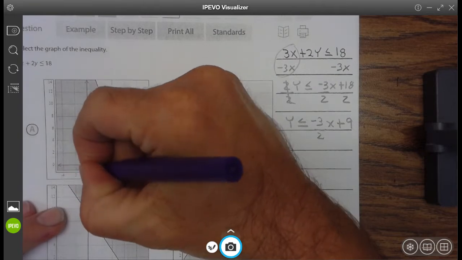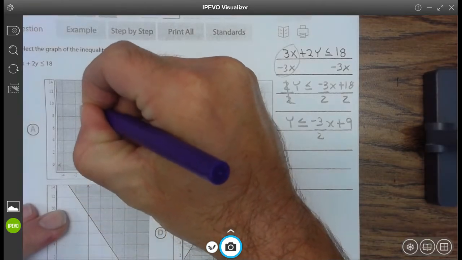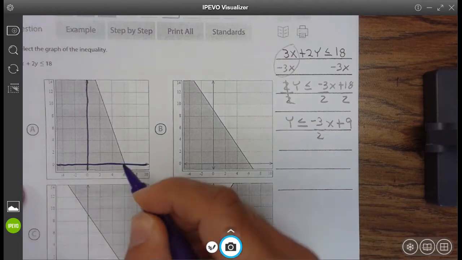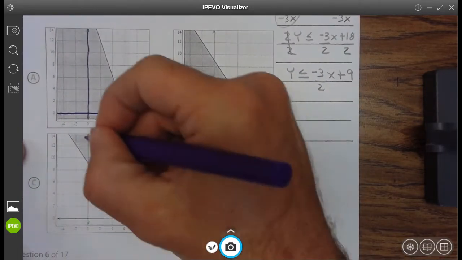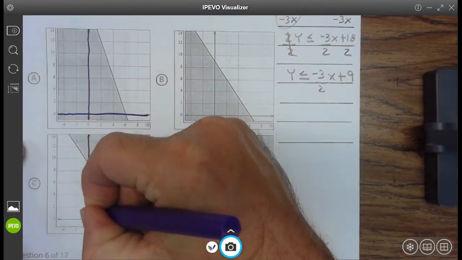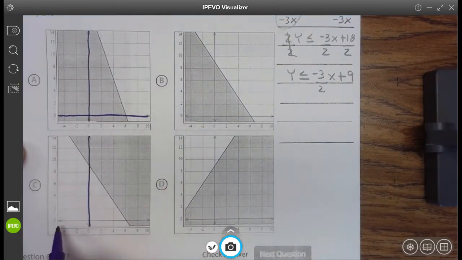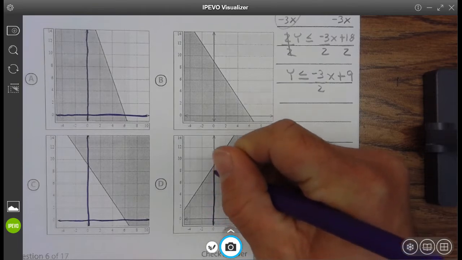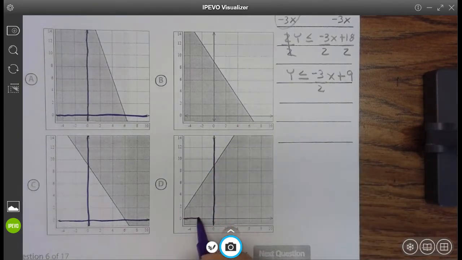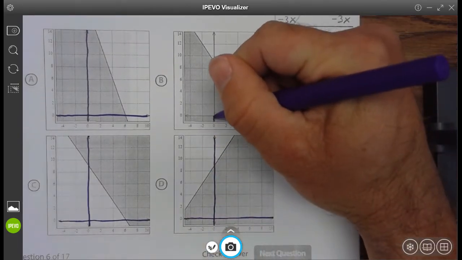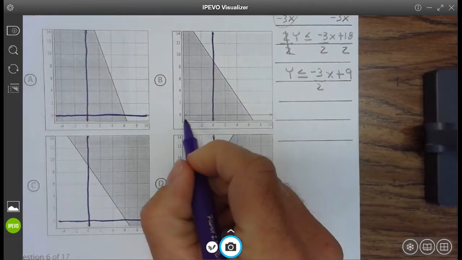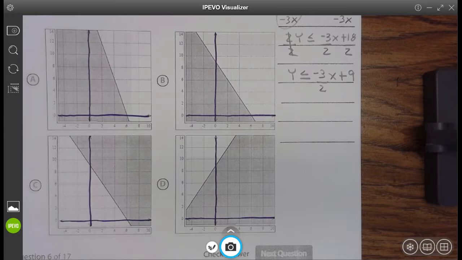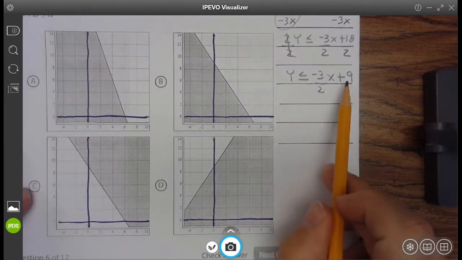Before that, let's highlight the x and y axis. All right, so let's first check for the y-intercept of 9.